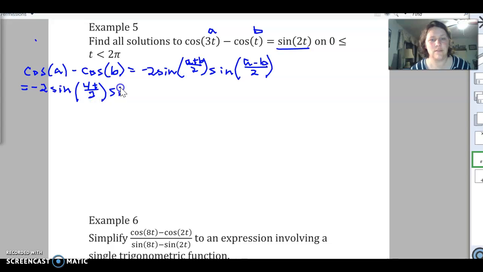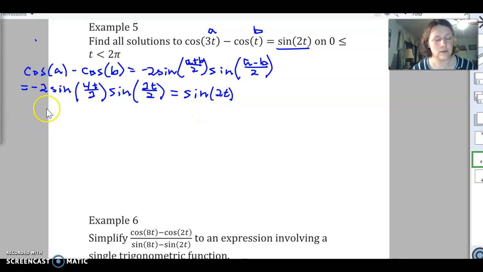And then we have sine of A minus B, which is 3t minus t, which is going to be 2t over 2. All right, very good. And then that is going to be equal to the right-hand side of the equation, so our sine of 2t. Now we have a whole equation that we can work with.